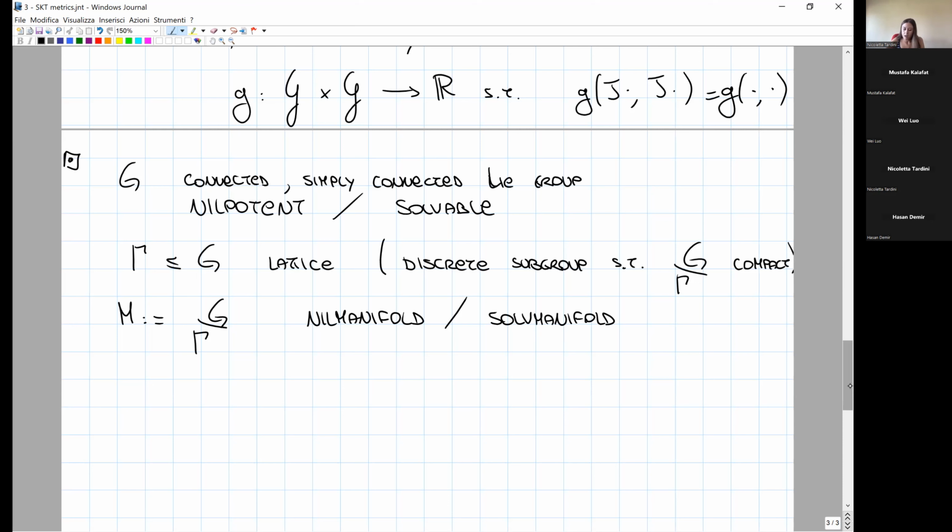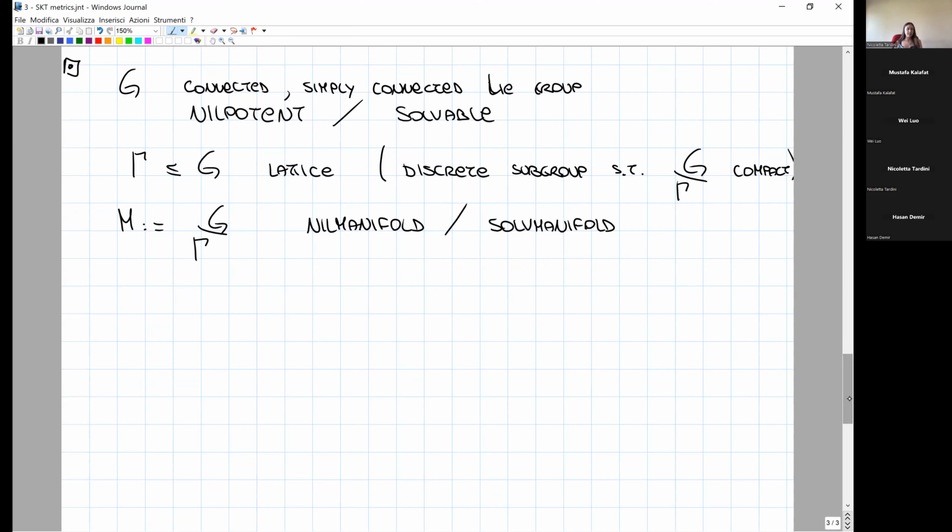Just let me say that it's not an easy job to find out if lattices exist. In the nilpotent case, we have a kind of simple criterion to understand whether we have a lattice. Let me just recall the following theorem of Malcev in '49.